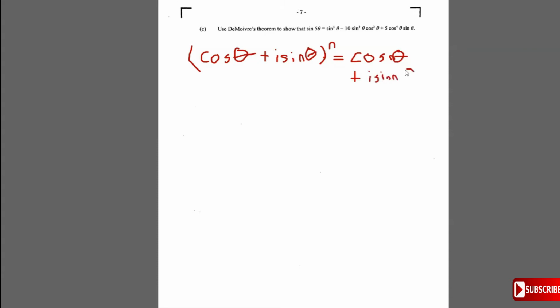So what does this mean? That means if we let n equal 5, look what's going to happen.